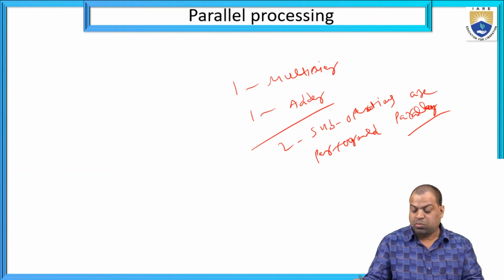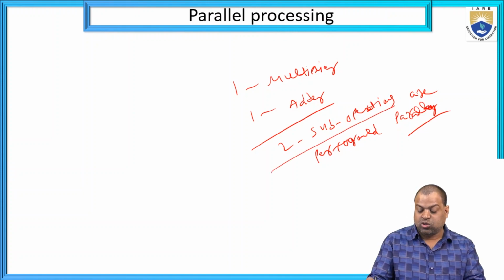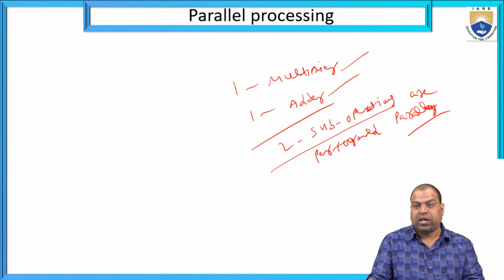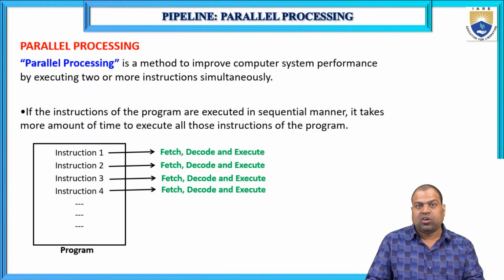What are the two sub operations? One is a multiplier, another one is an adder. So the multiplier is performed parallelly and the adder is also performed parallelly. So the resultant value is stored in the R5 register. So it is about the parallel operation.